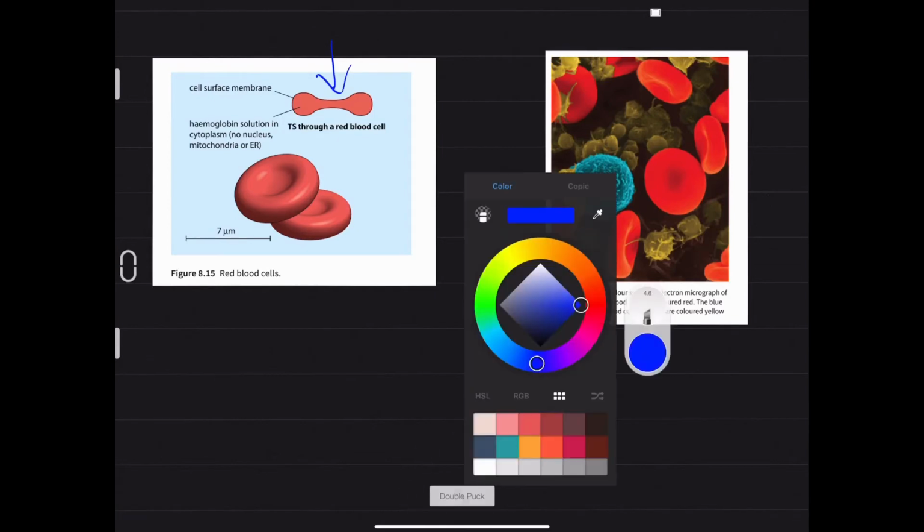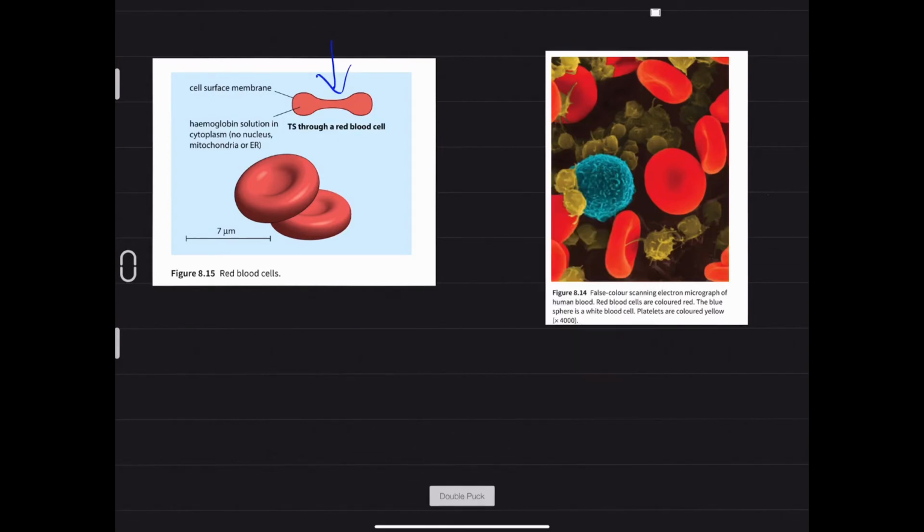So let's just say a few things about the red blood cell by looking at its shape, how it's adapted to perform its function. So it is very small. You can see here a size value has been given for the RBC, so very small. This allows it to go through capillaries and get to respiring cells.